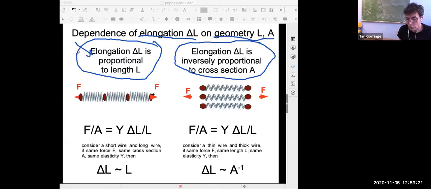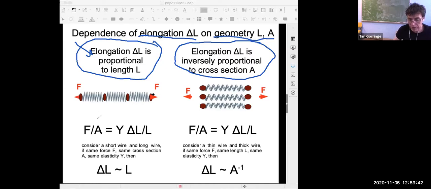Supposing you had a short wire and a long wire that are otherwise the same, i.e. they have the same materials, they have the same cross-sectional areas. And we're going to apply the same stress to the short wire and the long wire.